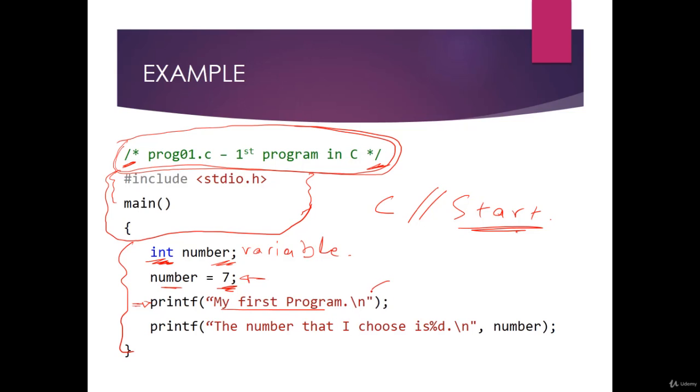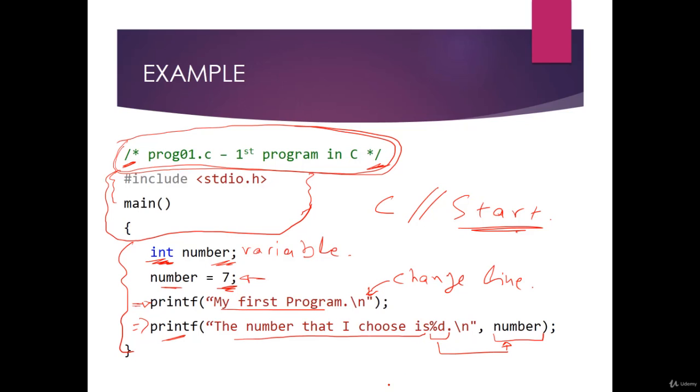This means that we will change line. So print this message and change line. And this command means that also print this message, but then I would like to print the value of the variable number.